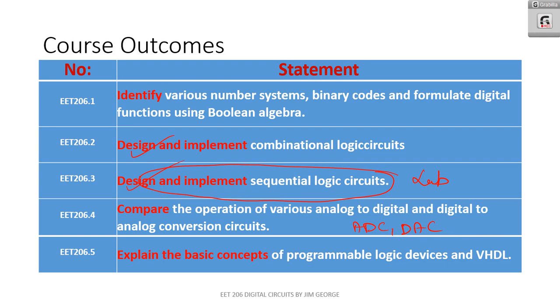There are various kinds of ADCs and DACs available, so you will be able to compare them. Then the basic concept of VHDL programming. Okay, that is the proposed course outcome.